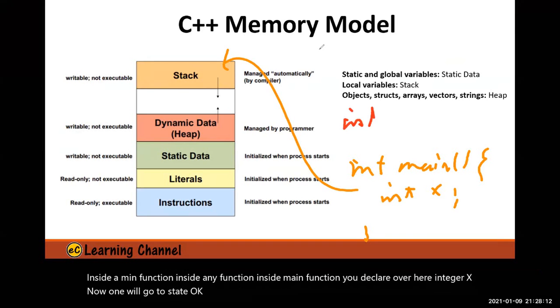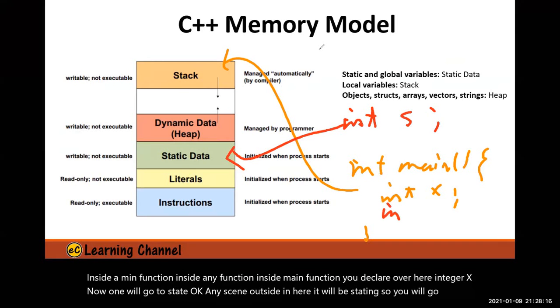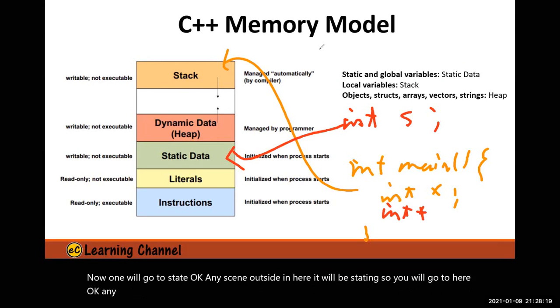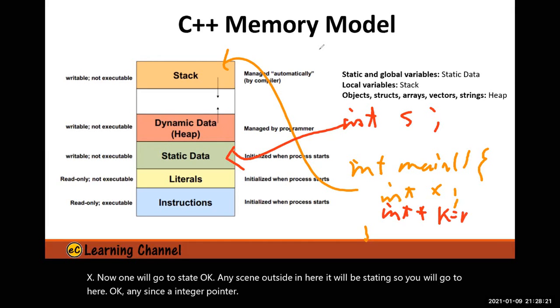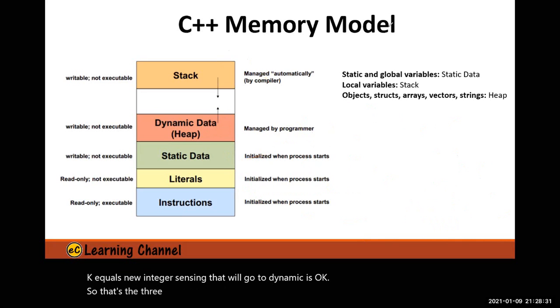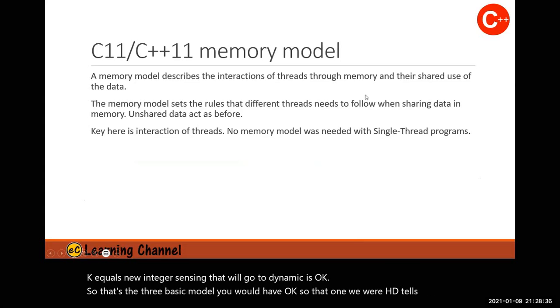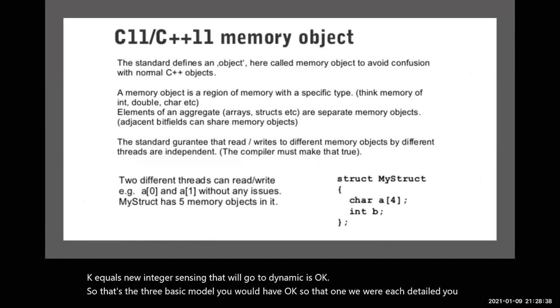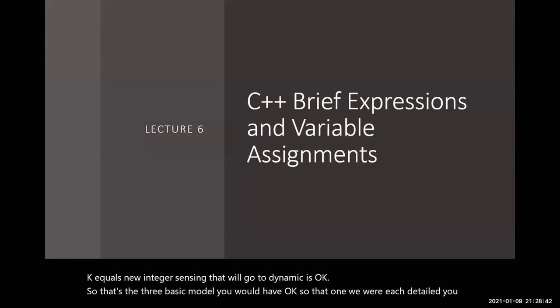Anything outside will be static, so it will go here. Anything like integer pointer k equals new integer something will go to dynamic. So that's the three basic models you will have. We will tell you again when we need it. So this portion, we just briefly go through it.